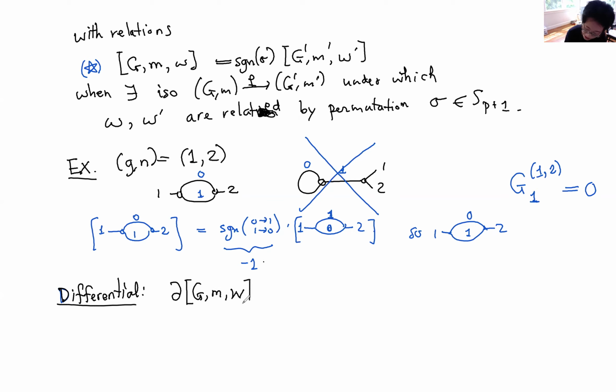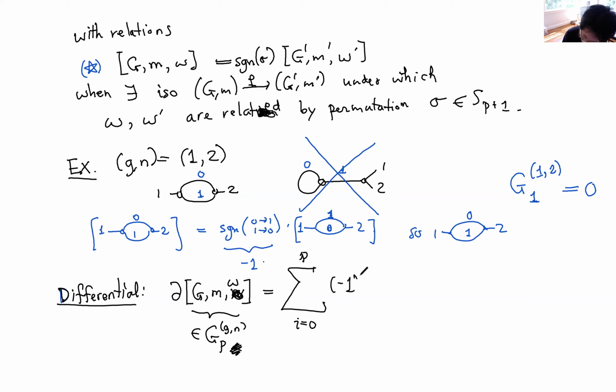If you have a generator, G, M, omega, in homological degree P, then its boundary, by definition, is the signed sum over all I of the contraction by edge EI. I'll just write M sub EI and omega sub, maybe just contracted by EI. Sorry, it's a bit of made up notation.